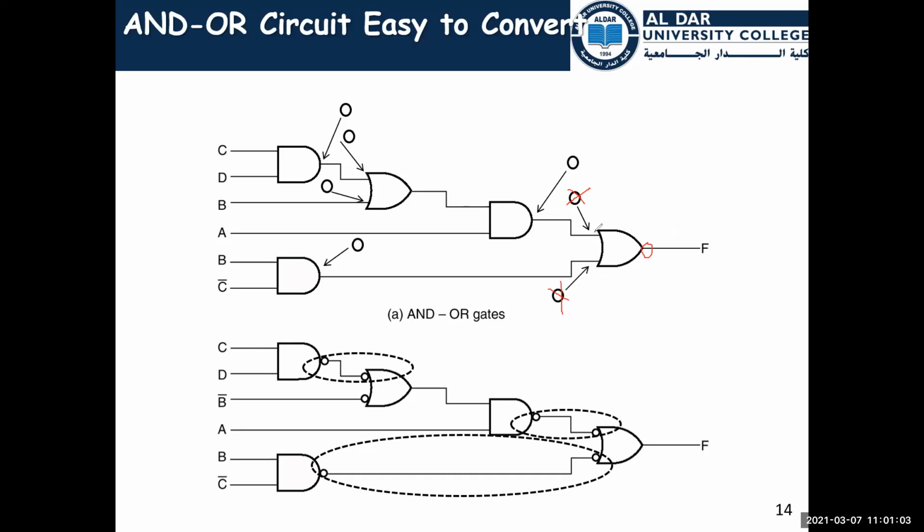It is better to convert the two inputs to have a NAND gate. This is a good solution if you have a NOR gate. But you have to concentrate because you have changed the logic, so you have to make the equivalency to the original logic.